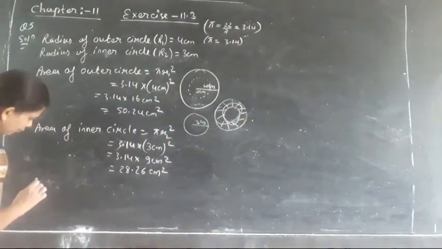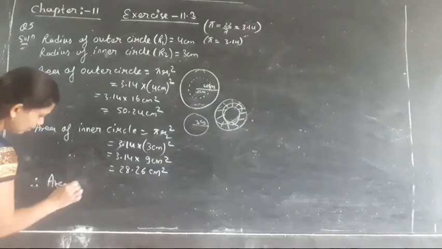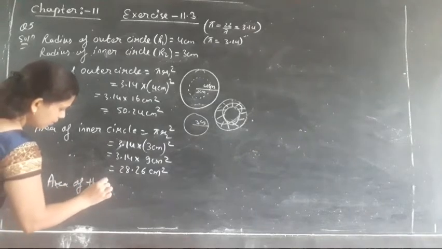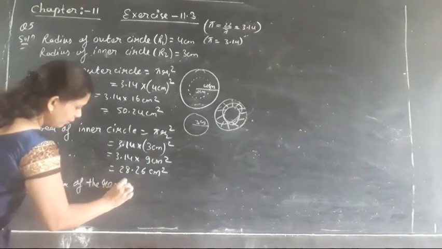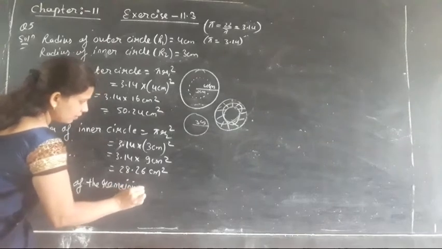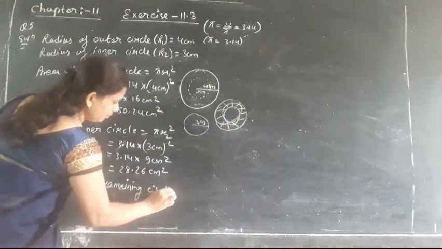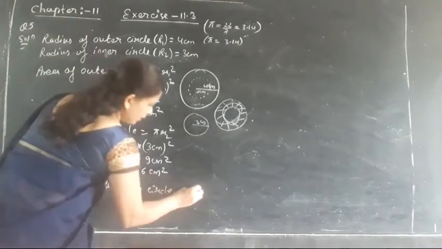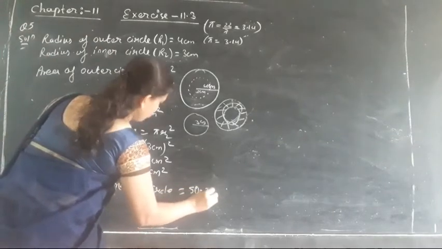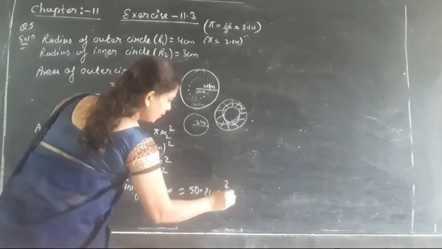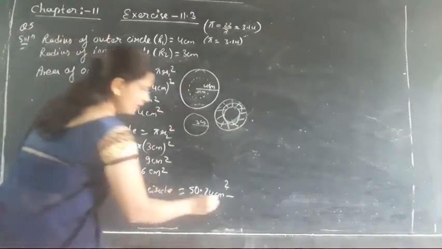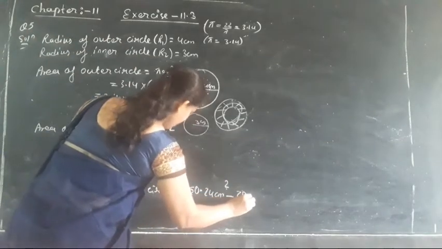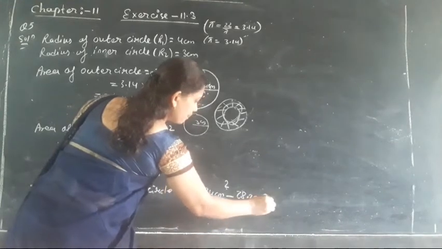So therefore, the area of the remaining circle is equal to, what is the area of the outer circle? That is 50.24 centimeter square minus the area of the inner circle, 28.26 centimeter square. This is the value.